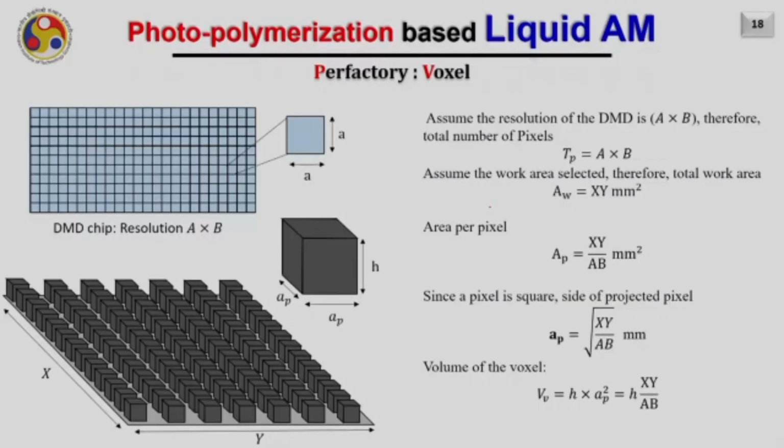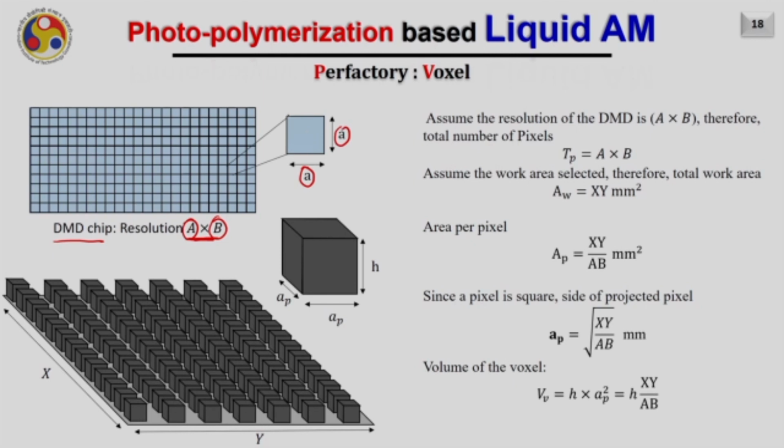Now let us discuss voxel curing. So assume that this is your DMD chip and it has a resolution of A cross B. A cross B means there are A number of mirrors along the x-axis and B number of mirrors along the y-axis. Each mirror has a side of a and is of a square shape.